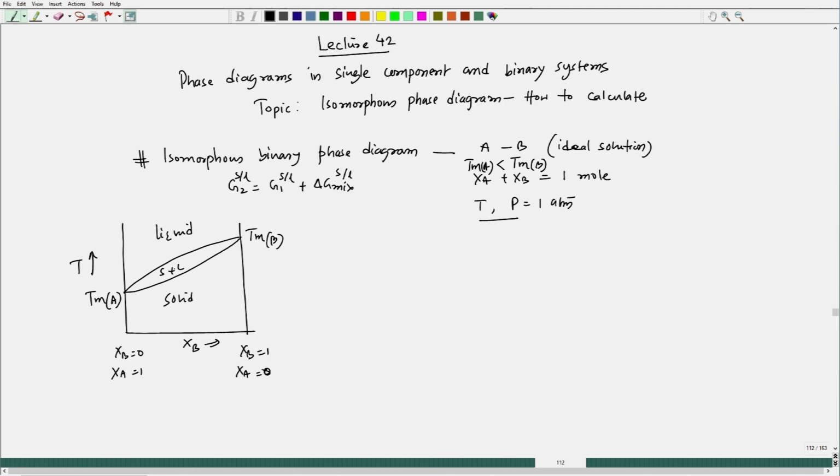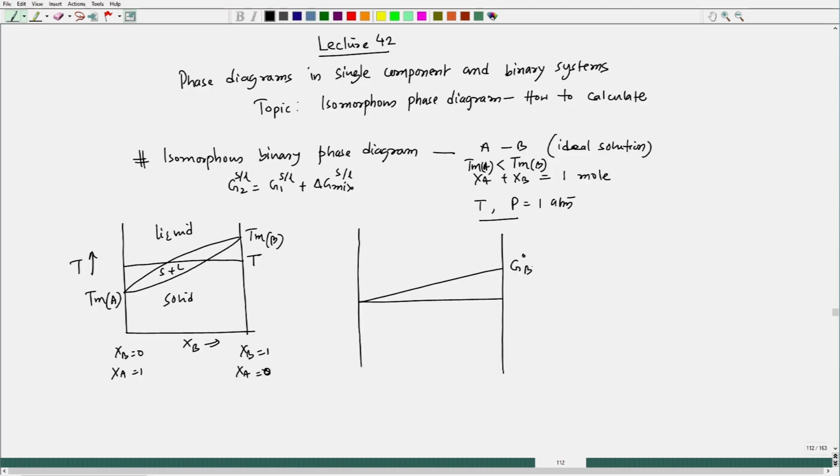And we are trying to do it at a temperature T. If I try to see a schematic representation for G1 and G2, you just look back at the previous lecture, you will get those points.